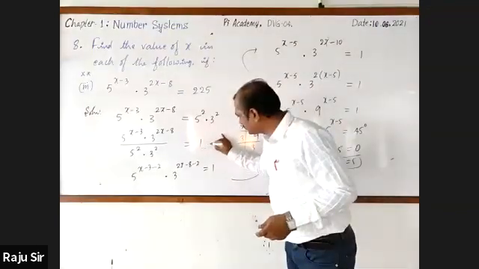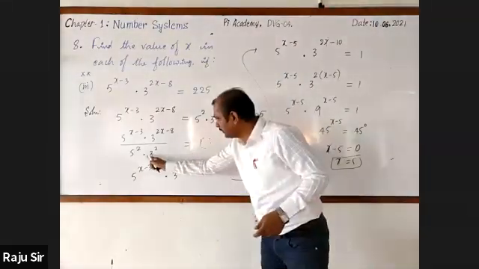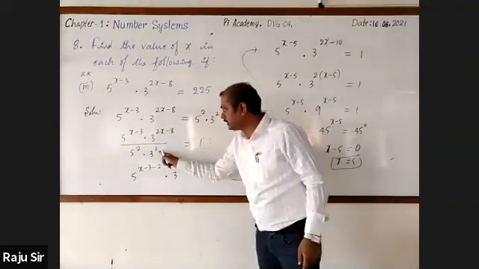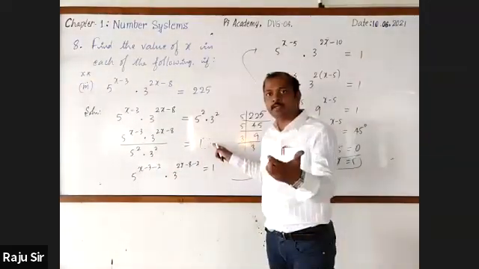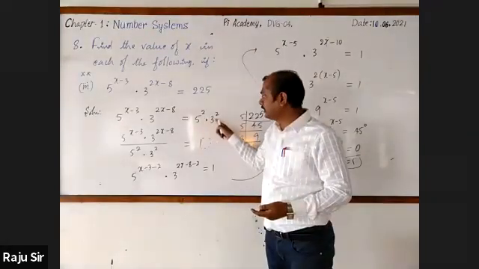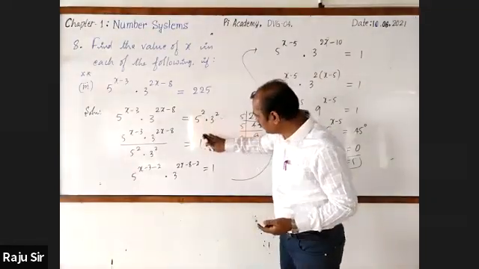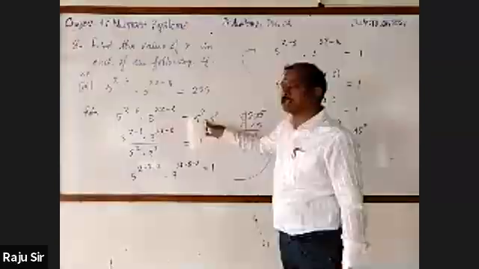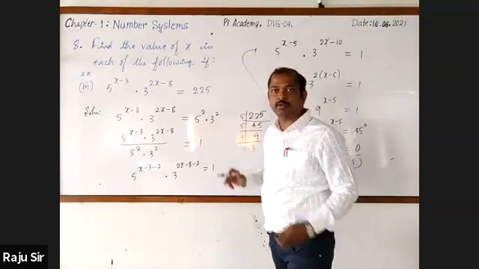Cross multiply: 5 square into 3 square into 0 is 0. But in RHS, what is there? 5 square into 3 square. But if I put 1 into 3 square, 1 into the number is the number itself. That is why we have to write 1.